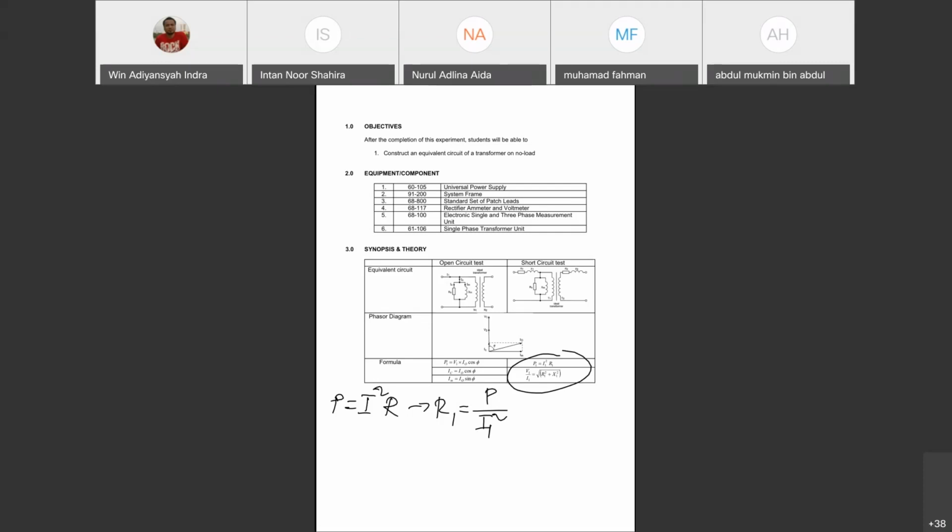Then you measure the voltage and the primary current. So I1 is the primary current. This is for R1. What about X1, the reactance? Use this formula.